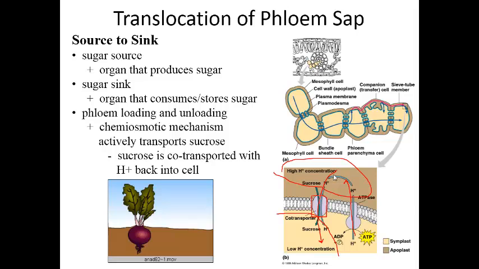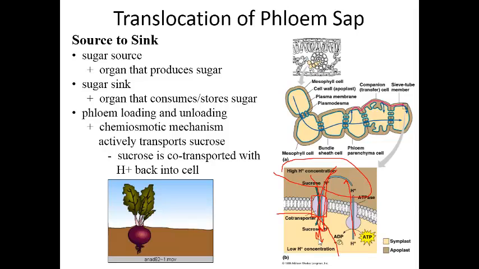Sucrose is the form of sugar that gets transported throughout the plant. So the proton pump is going to build up this hydrogen gradient, and as the hydrogen gradient rushes back down into the phloem, it's going to pull sucrose into the phloem along with it.